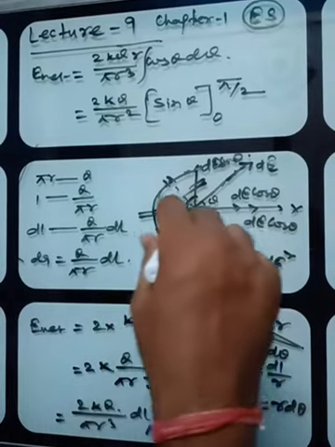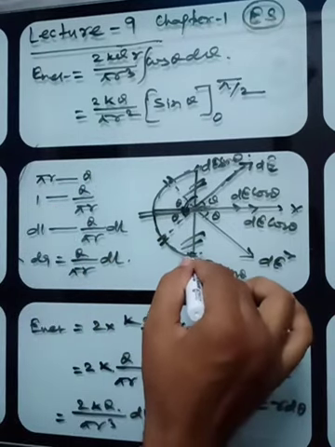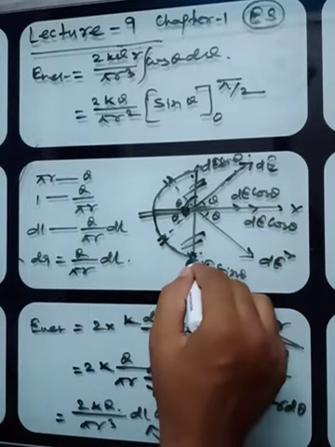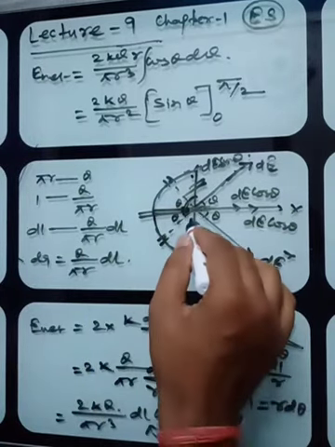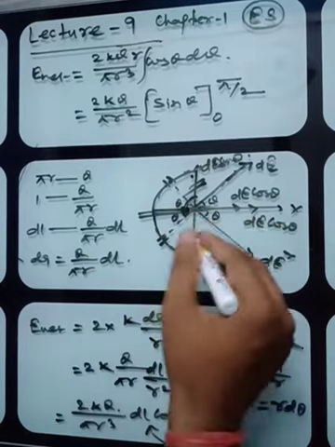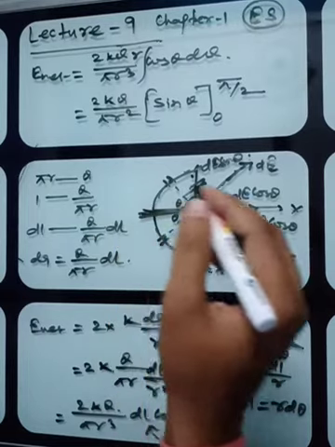Since we have already taken the 2 here, we do not integrate from here to here. If you cancel out this 2, then you will integrate from minus pi by 2 to plus pi by 2, or from the angle you consider 0 to this one. So this is your reference, minus pi by 2 to plus pi by 2.